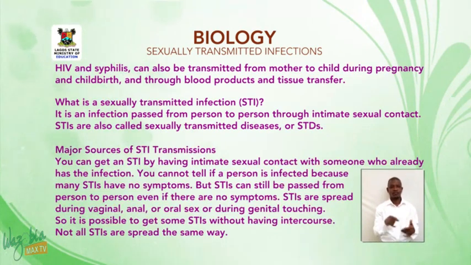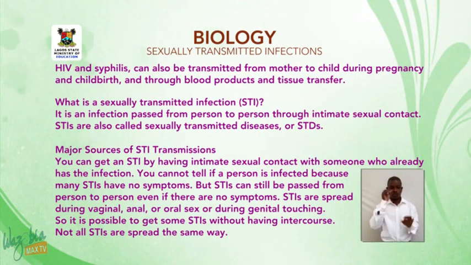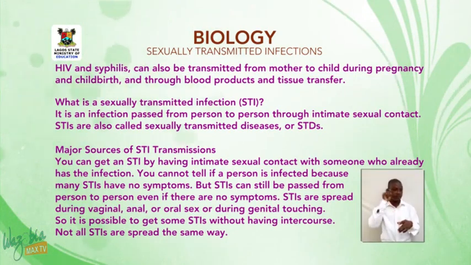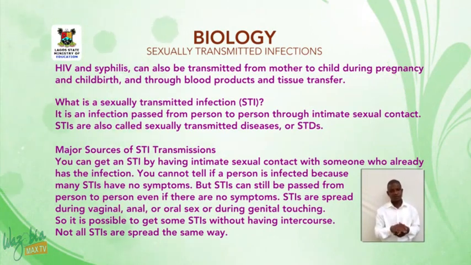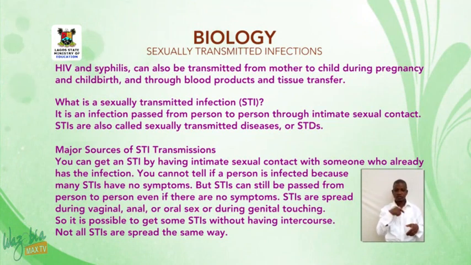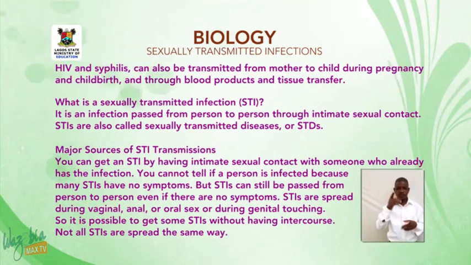Now, what are the major sources of STI transmission? You can get an STI by having intimate sexual contact with someone who already has the infection. You cannot tell if a person is infected because many STIs have no symptoms.